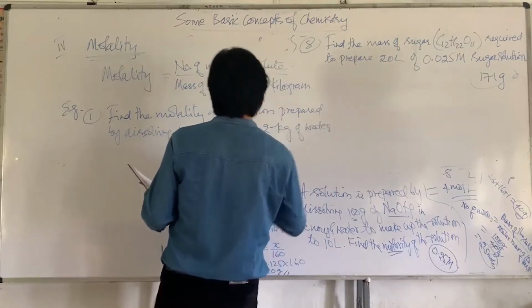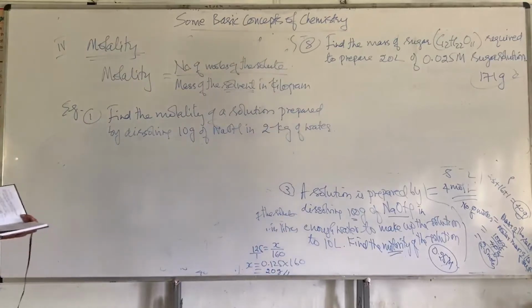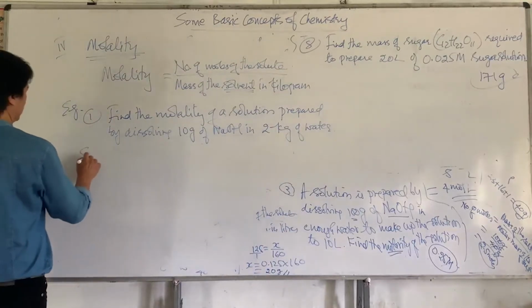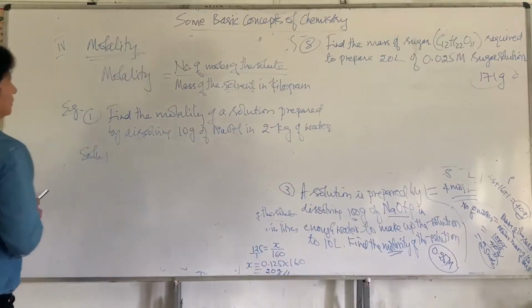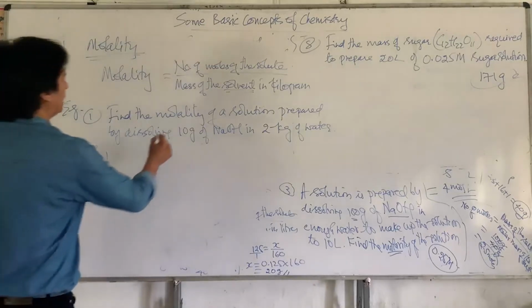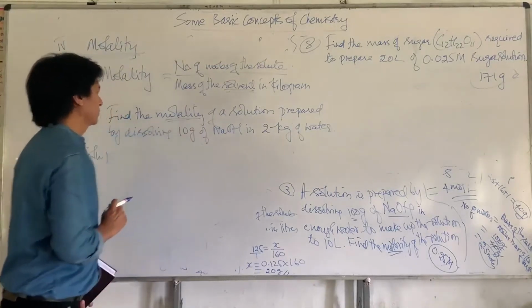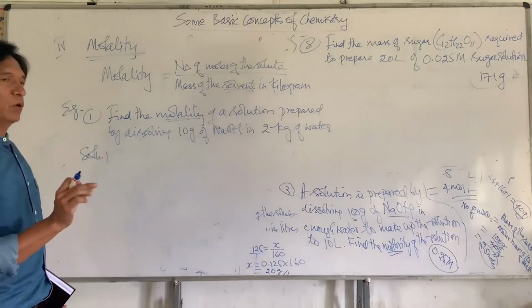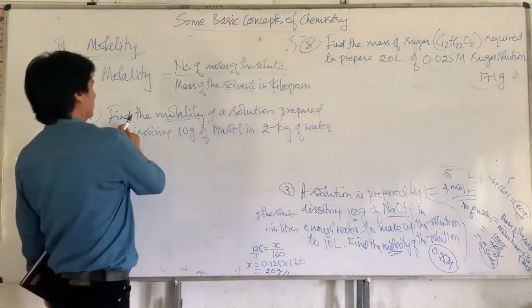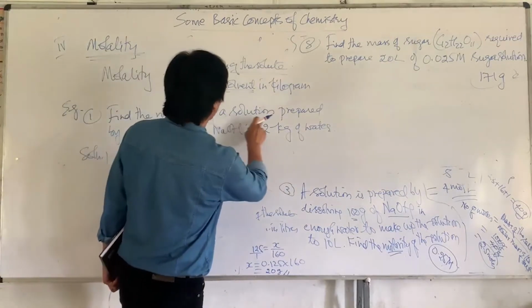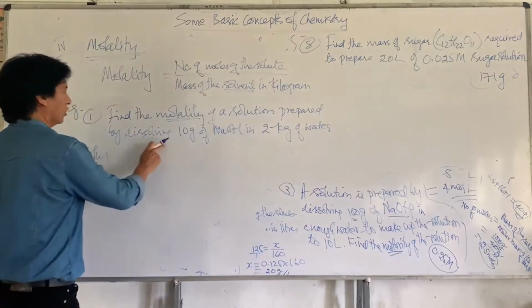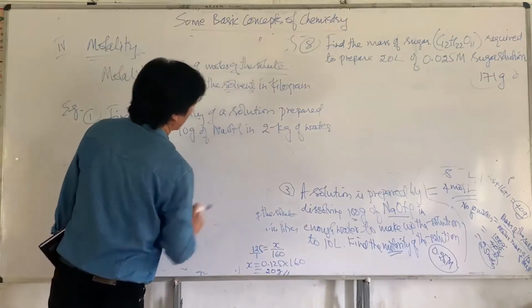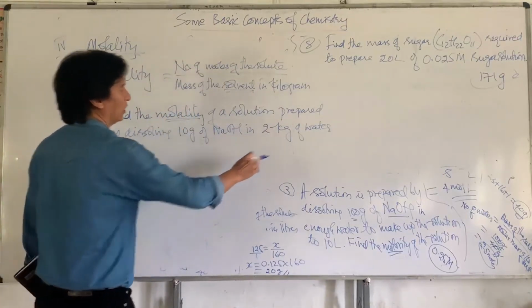This is a very simple one. You need to find the molality this time, not molarity, but molality. So find the molality of a solution prepared by dissolving 10 grams of sodium hydroxide in 2 kilograms of water.